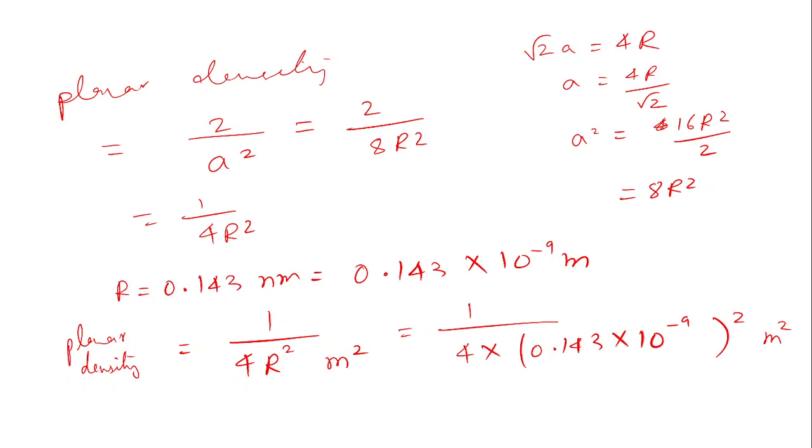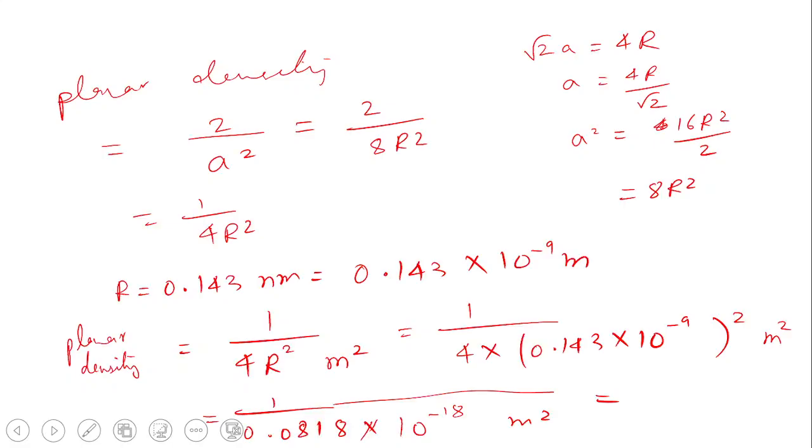When we evaluate this, where is my calculator? 0.143 times 0.143 times 4, this will be 1 over 0.0818, and this will be 10 to the power minus 18 meter square.